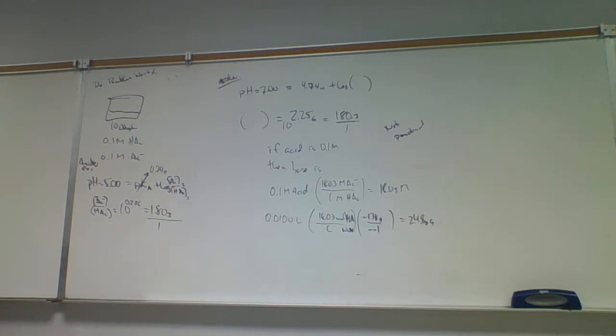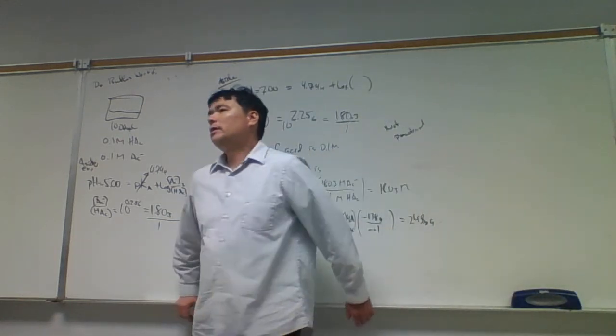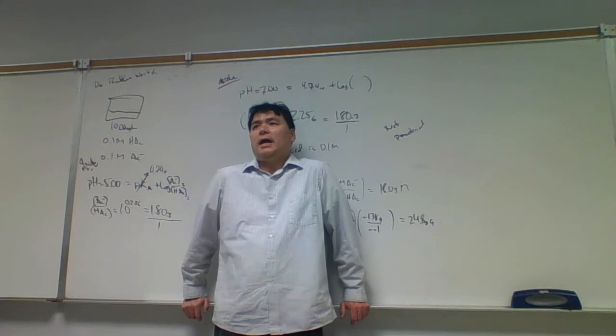Okay, we could do that, but we would look for a pKa of what, or a Ka of what? If we want a buffer of pH 7, then we would look for a pKa between what and what?